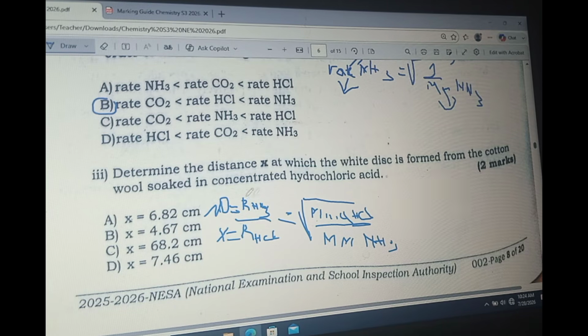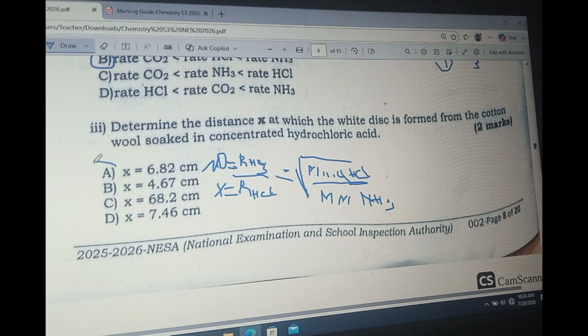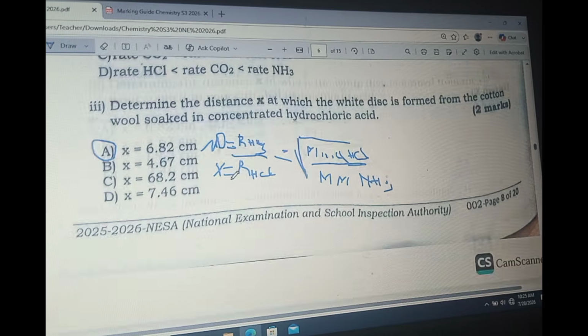Then you calculate: here is 10, here is X, and the molar mass of hydrochloric acid is 36.5 and ammonia is 17. You get X equal to 6.82 centimeter.